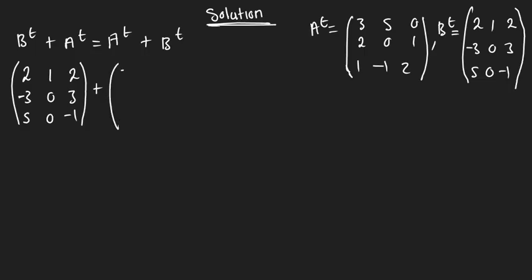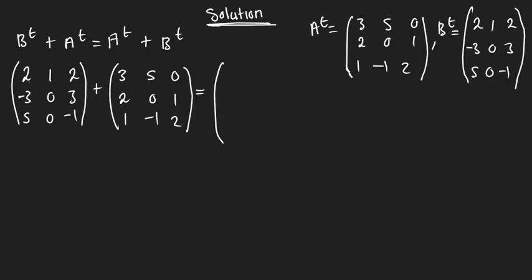Okay, let's get A. 3, 2, 1, 5, 0, negative 1, 0, 1, 2. They're saying we prove if it's the same ones.